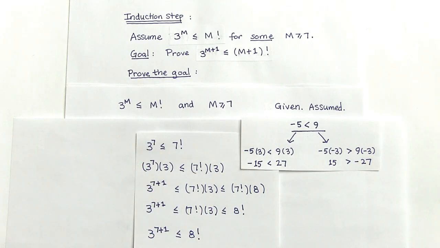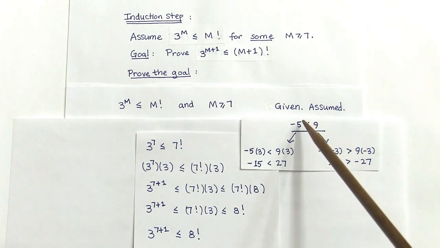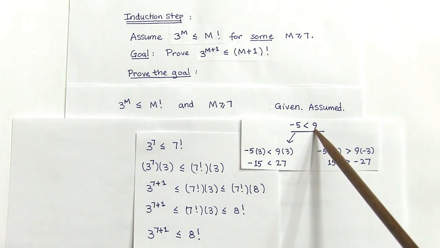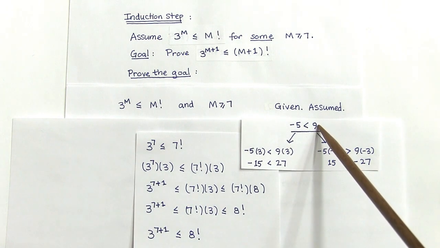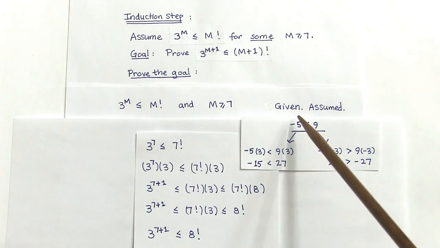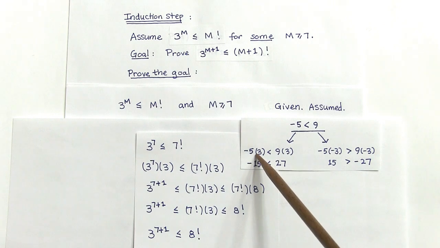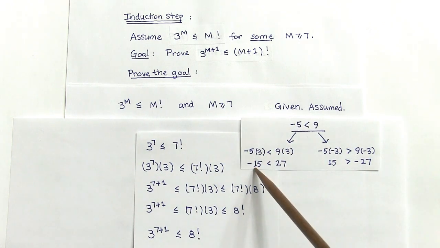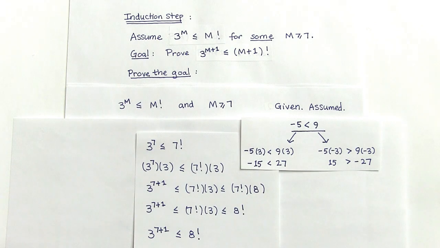So for example, here is a correct inequality. -5 is less than 9, and if I multiply both sides of this inequality by the positive number 3, then -5 times 3 is still less than 9 times 3, because -15 is less than 27. So it's still true.